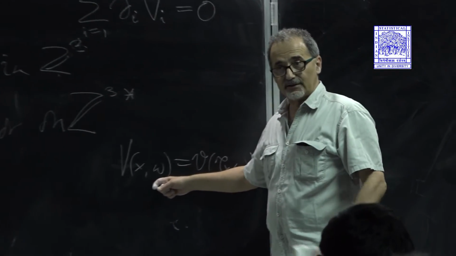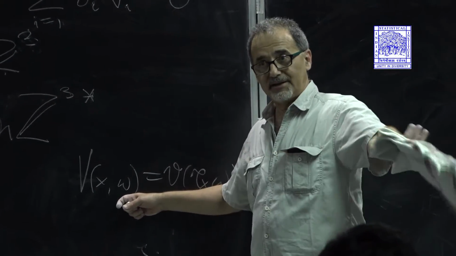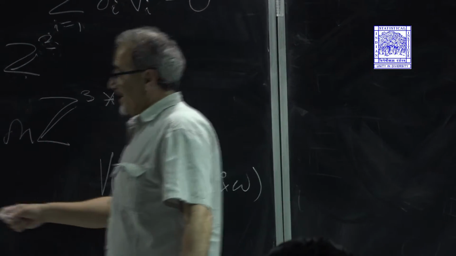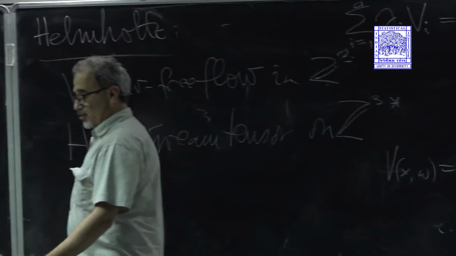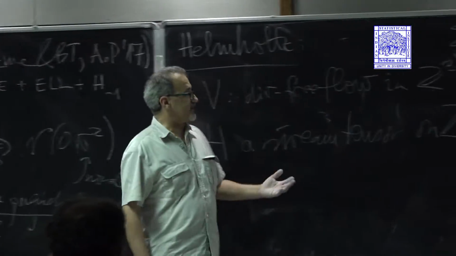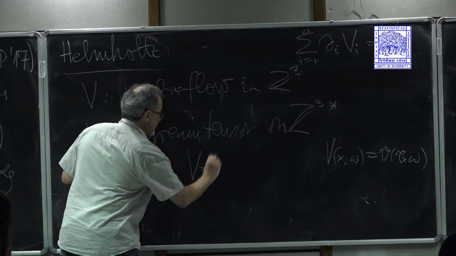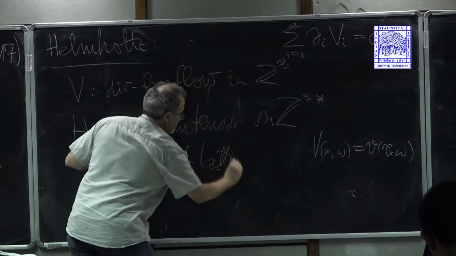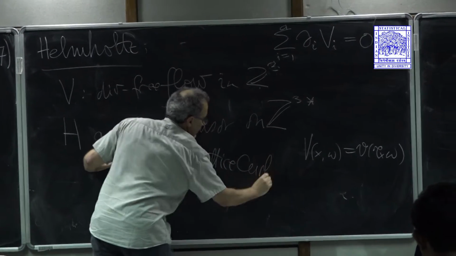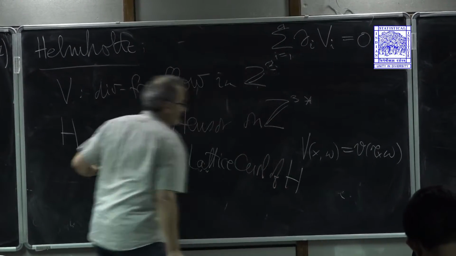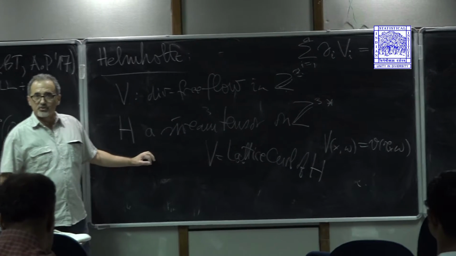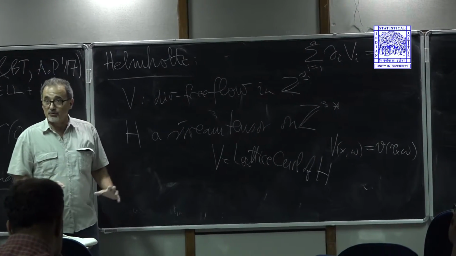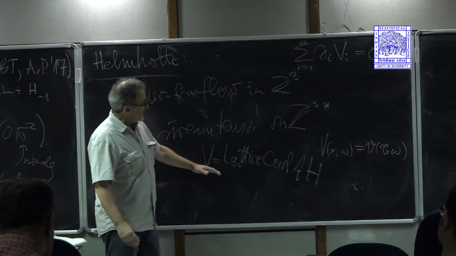This is a random flow on the lattice, which is stationary and ergodic. It arises as the lattice version of the curl. So V is the lattice curl of H, which I'm not telling you what it is, but you can easily guess if you sit down and want to.